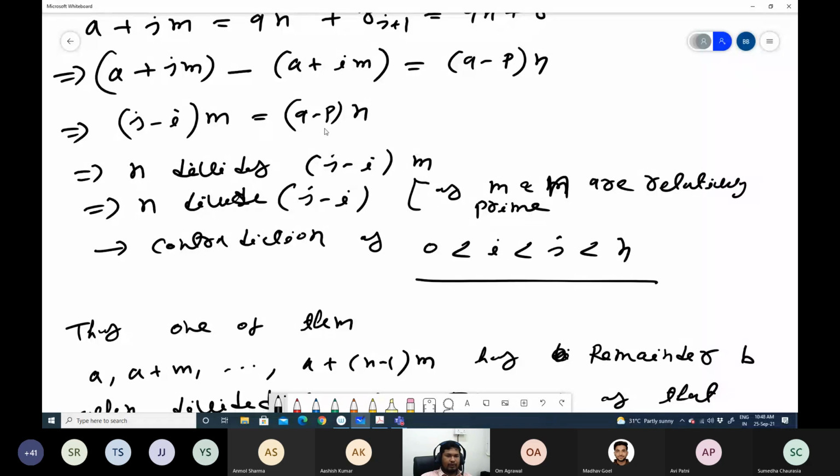So this number equals this into n. So therefore n divides this number (j minus i) into m. But n cannot divide m, because n and m are relatively prime. So therefore n divides this number. But both of them are less than n. So therefore n cannot divide this number.